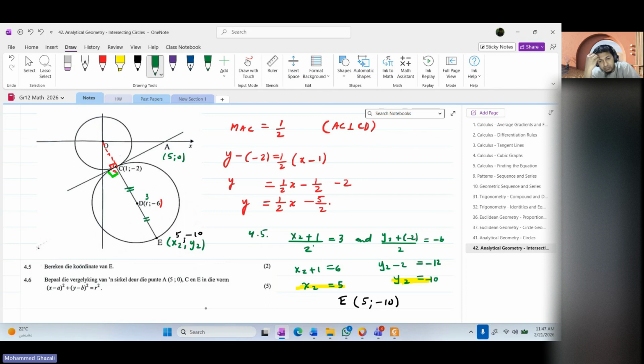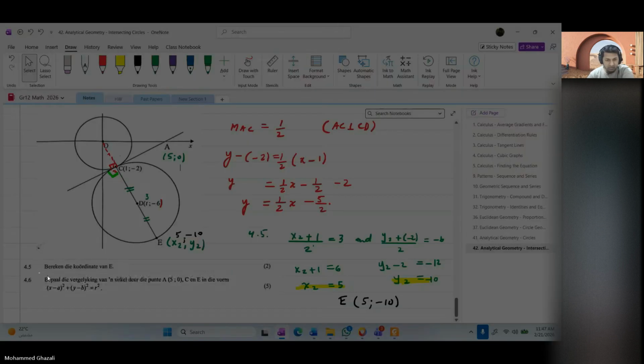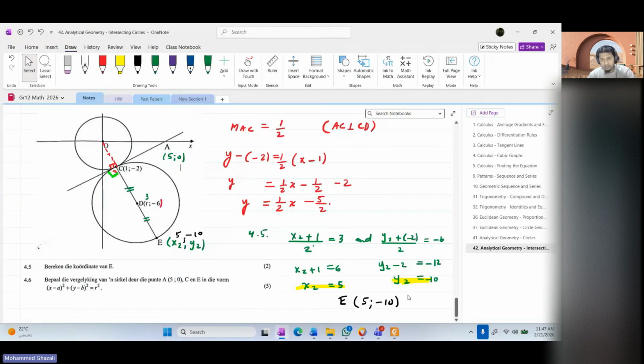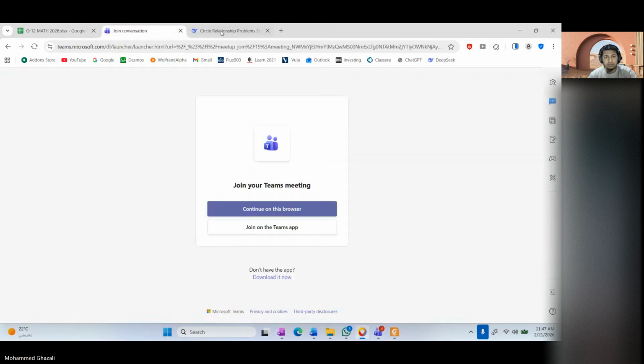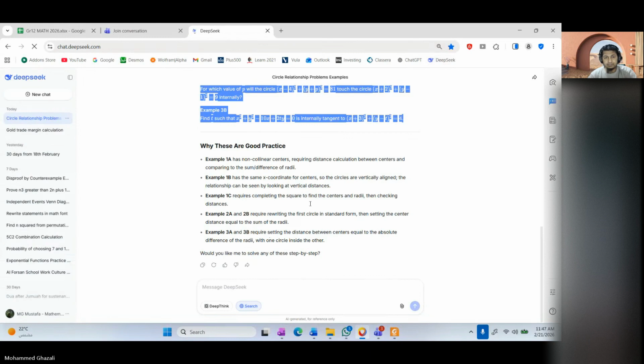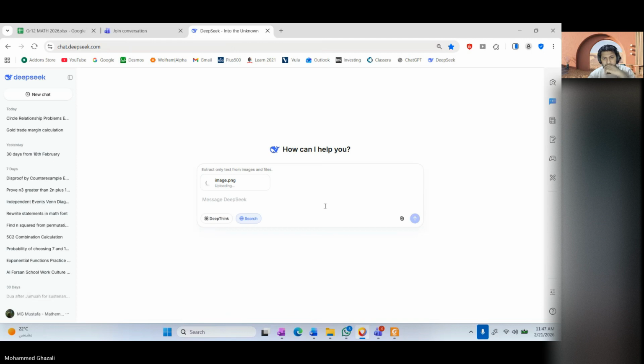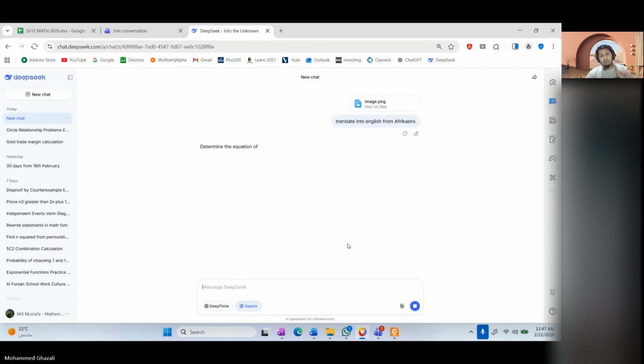A is 5 and 0. I'm gonna translate this thing. Okay, that's what it says.